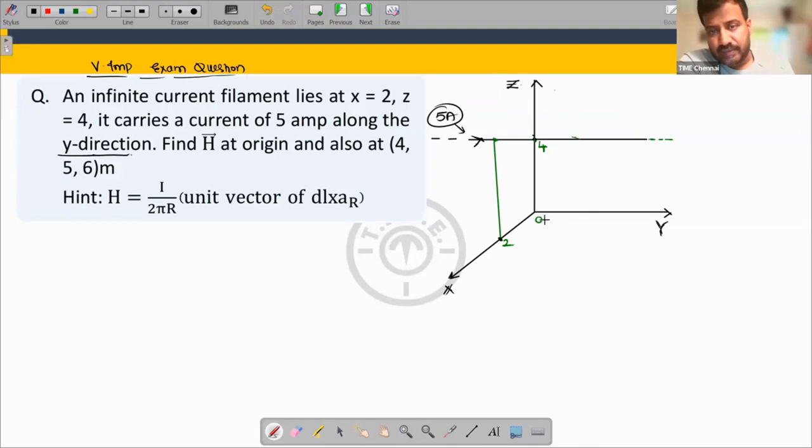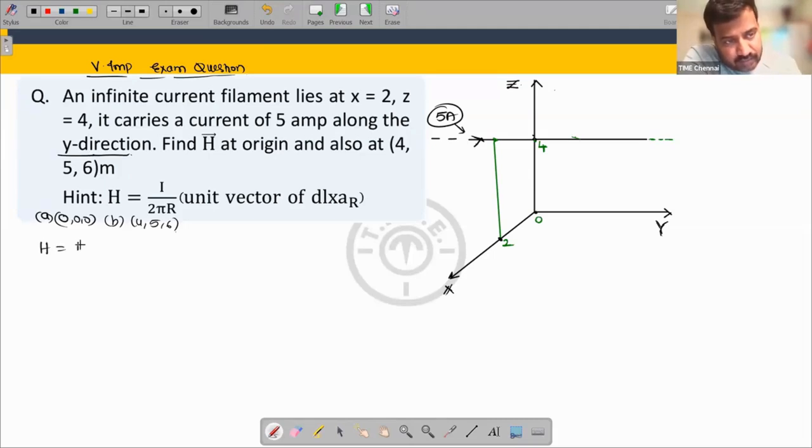Find H at origin. A. Find H at origin. B. Find H at 4, 5, 6. So I want to find H, first at origin.